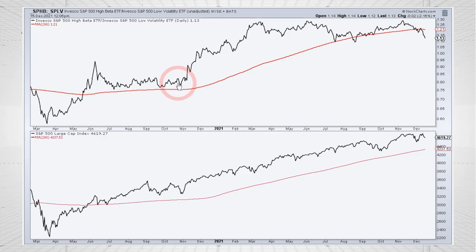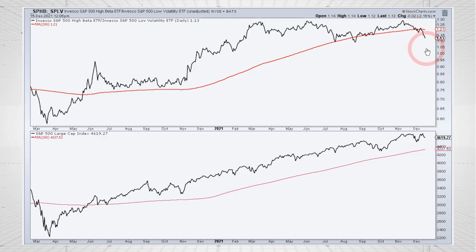And you can see here from late October until March, serious outperformance in high beta, and it remained strong until summer when it got hit, and then had a little bounce, and it's getting hit again. So high beta is underperforming within the S&P 500, and that means defense is leading, and that shows you that there is risk aversion in the stock market, in the S&P 500, the 800-pound gorilla in the stock market.